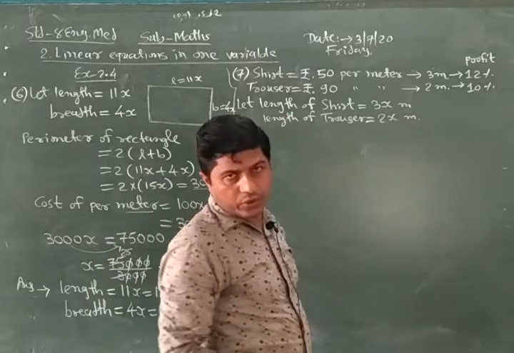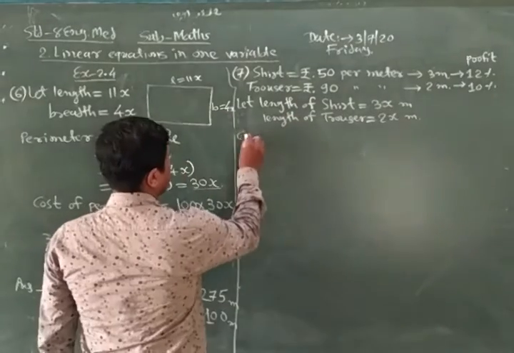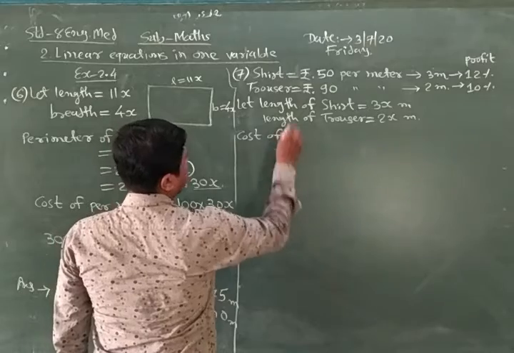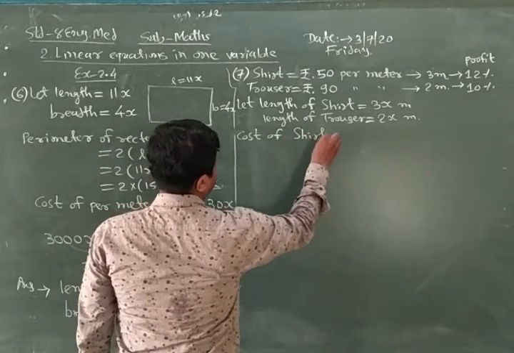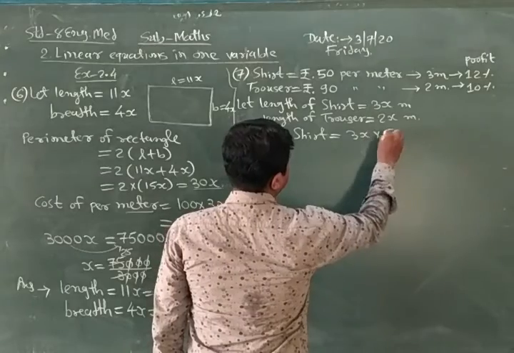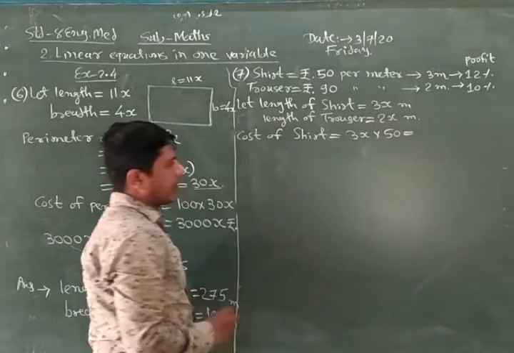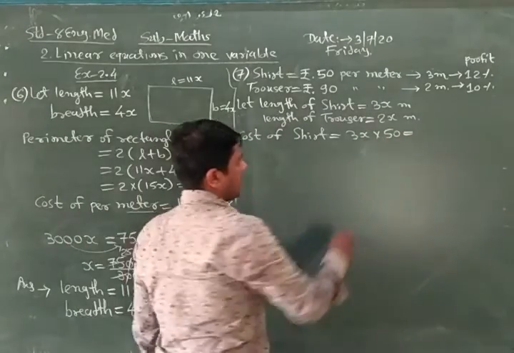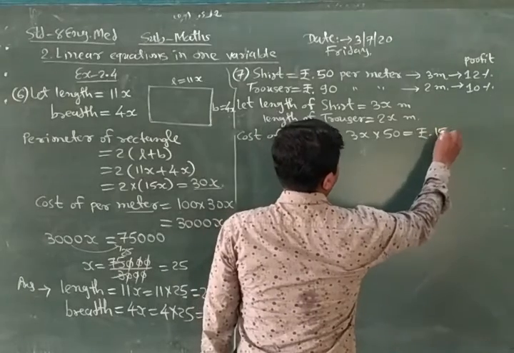The cost is also given. So we want the cost of the first shirt, 50 rupees, so 3x into 50. We get 3 5s are 15, so rupees 150x.